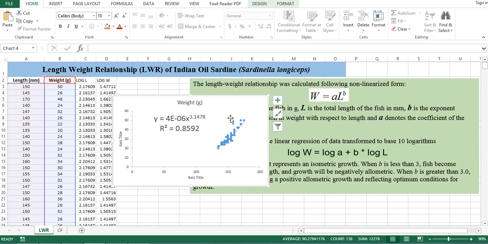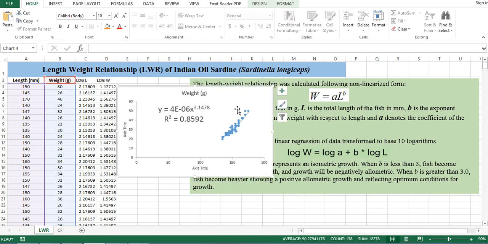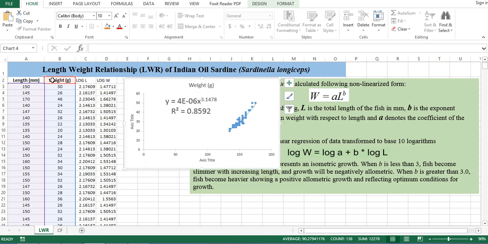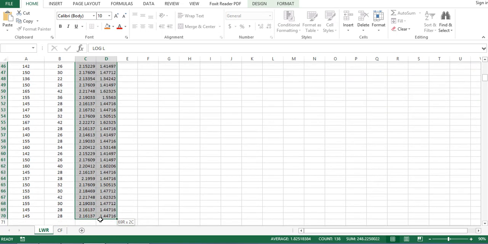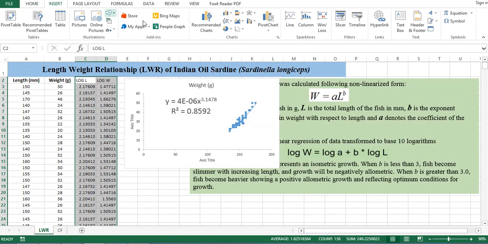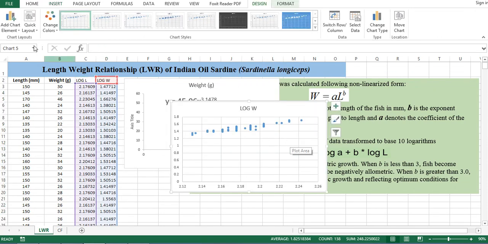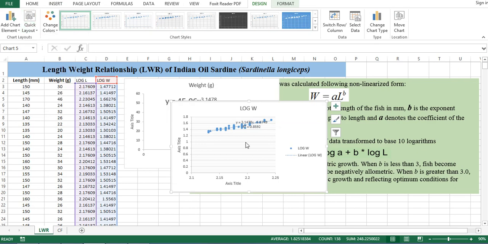So it's a very good condition, and this is the normal or the non-linear function, the power function, and we'll check the log function now. So select the log length and log weight, and then put the same scatter plot, and we got the log length and put the equation on it, and this equation is linear, so no need to change into any other form.